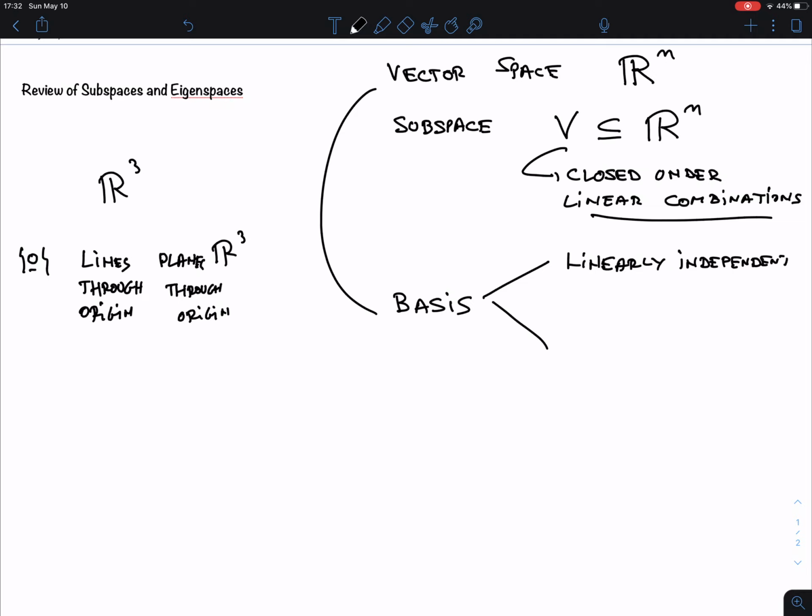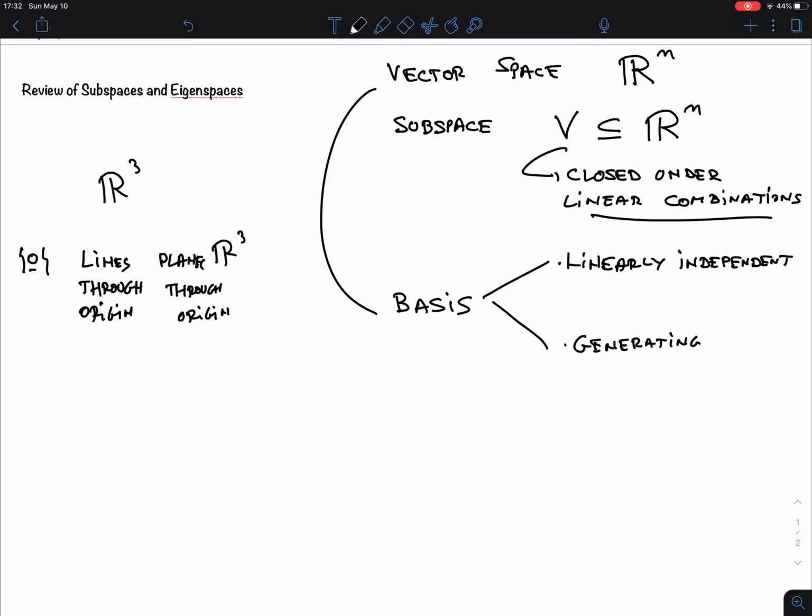Formally, this meant that if you take a linear combination of these basis vectors and put that equal to 0, then there is only one solution, namely just 0 everywhere. And it is also generating, meaning that every other vector can be written as a linear combination of the basis vectors.